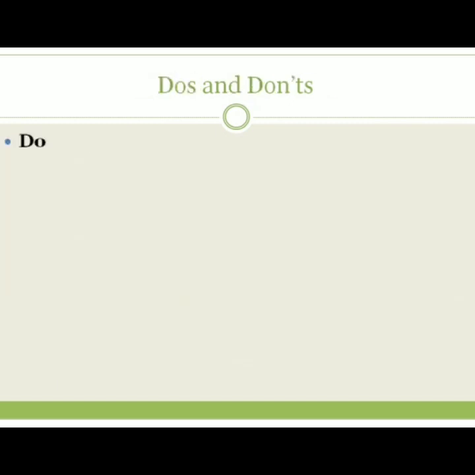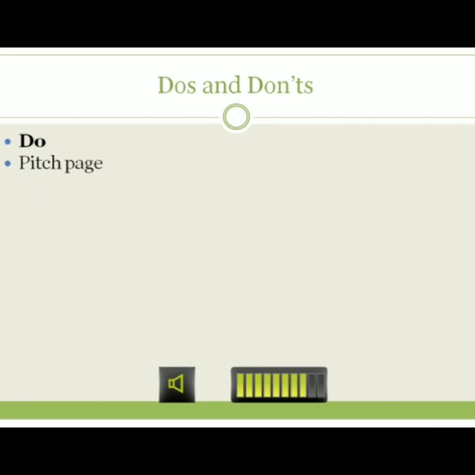Now I want to talk about the do's and the don'ts. Several things, but the first two are primary. Number one, your pitch page must describe the product clearly. That's a biggie. I've had my product approved and disapproved several times because the pitch page was not necessarily clear.